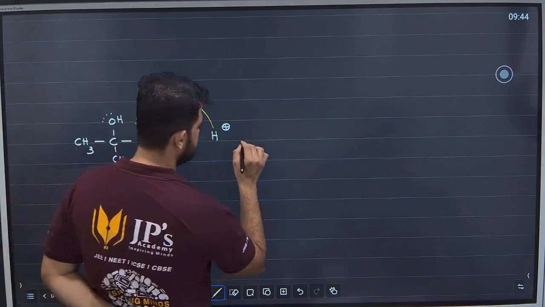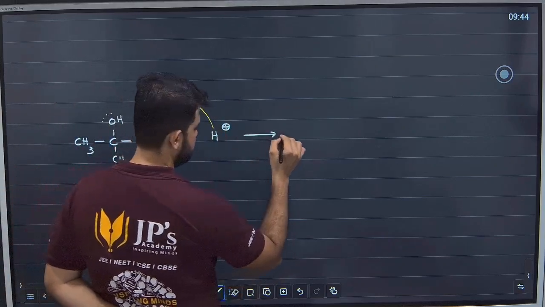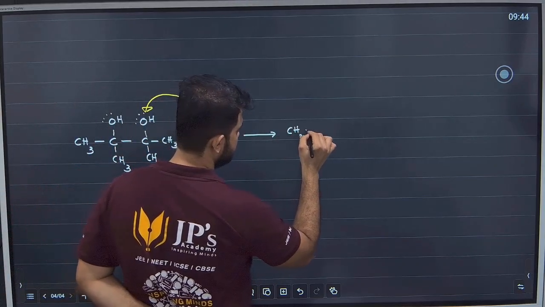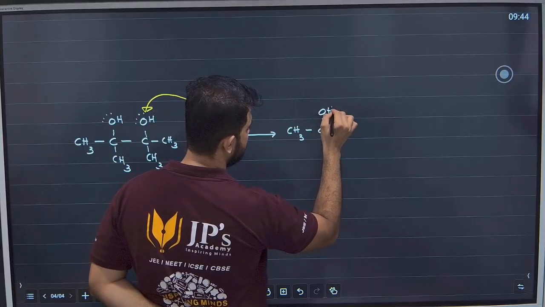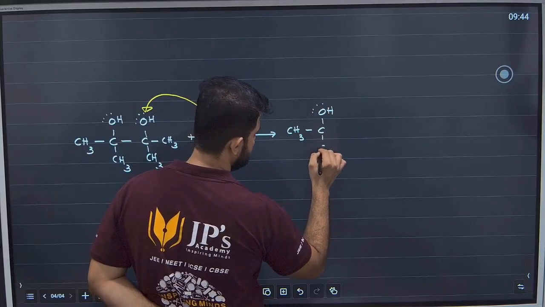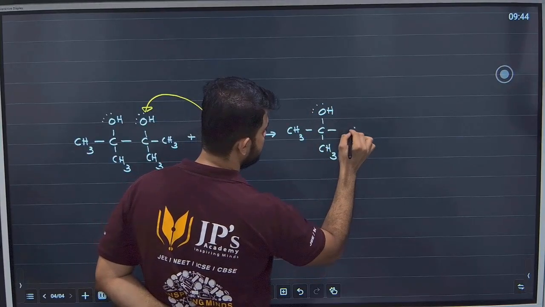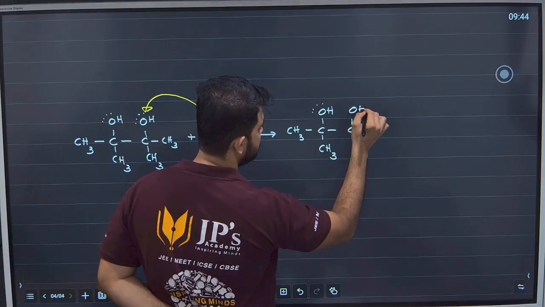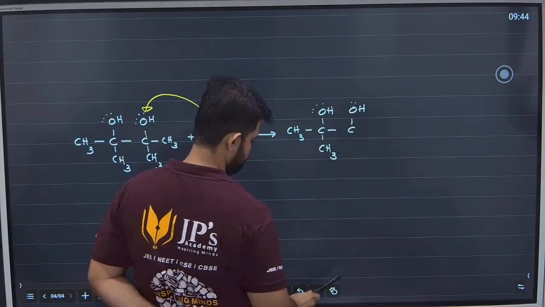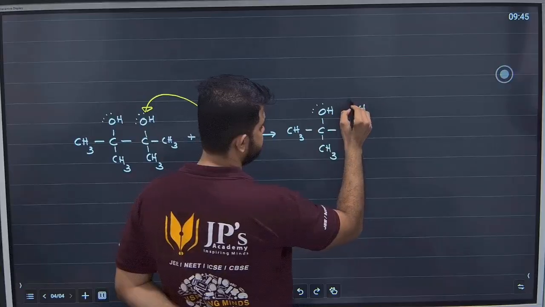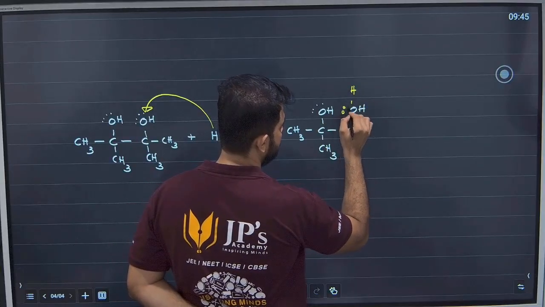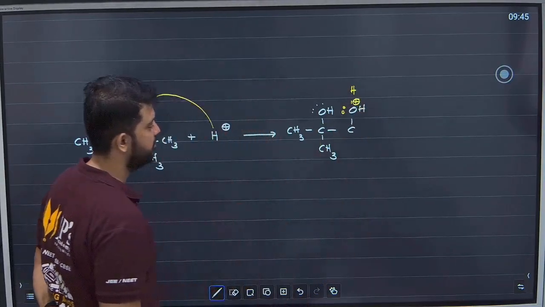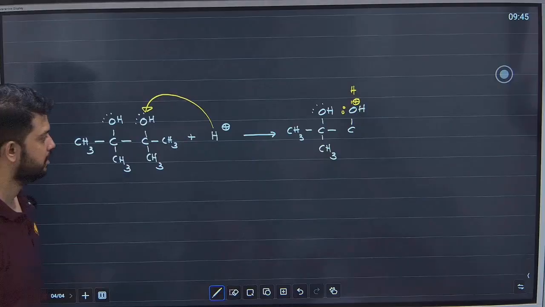And what do we have? CH3 C OH, CH3 C, the oxygen previously had 2 lone pairs, now it has only 1.